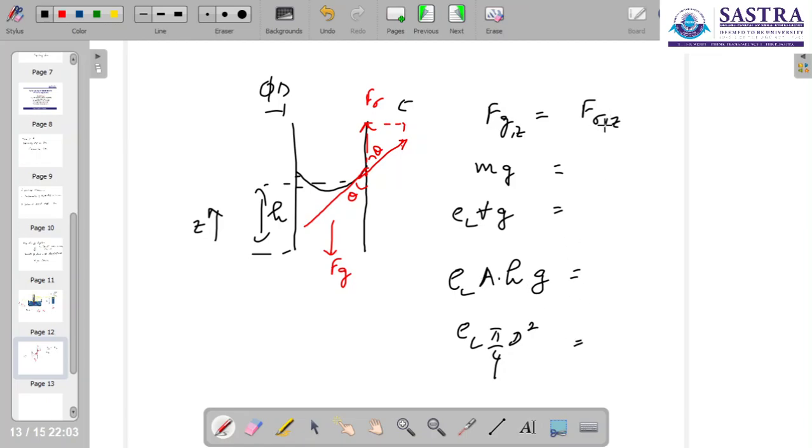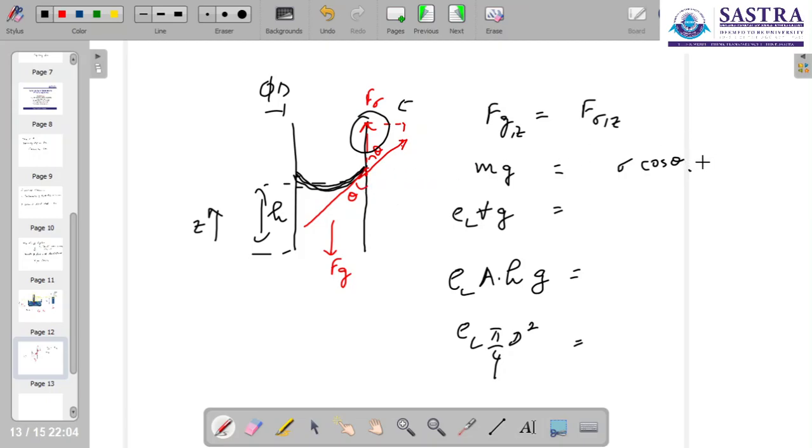Now what about the surface tension force on the z-axis, that is, the vertical component? That's the force of surface tension resolved with cos theta, on the vertical direction. The surface tension force acts on the circumference or the perimeter, because a new surface is being created when a fluid rises through a capillary.